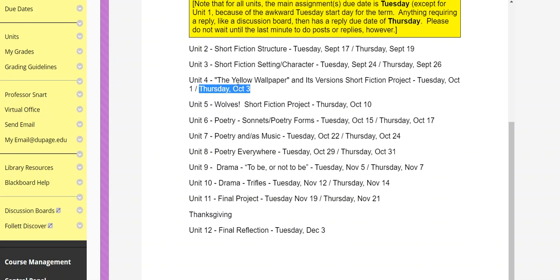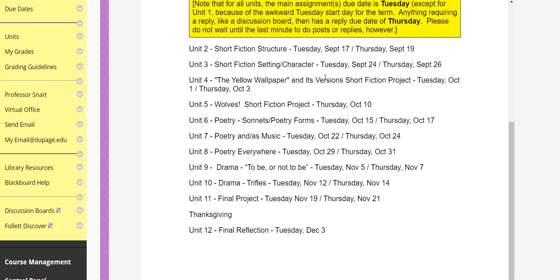Both main work posted and replies. The main work had us looking at a couple of different iterations of The Yellow Wallpaper as a story, one from our textbook, one a digital reproduction of how it actually appeared in its first publication in the New England Magazine back in the late 1800s.